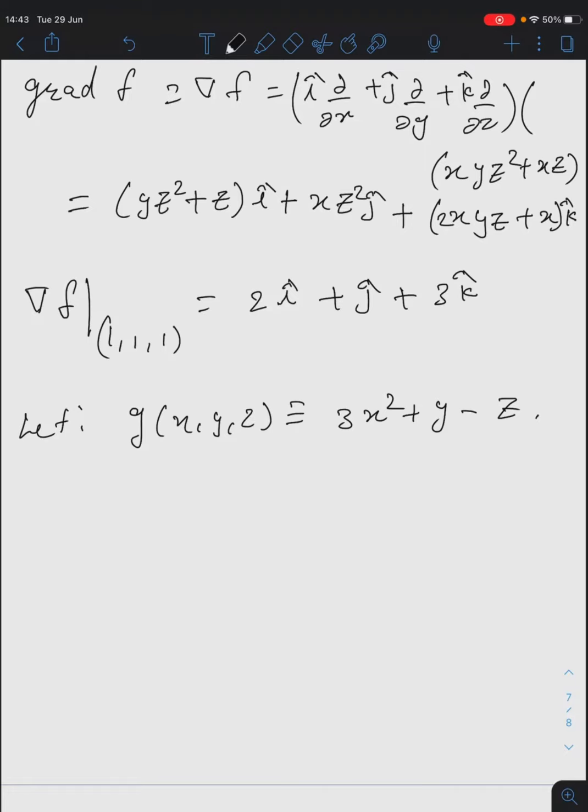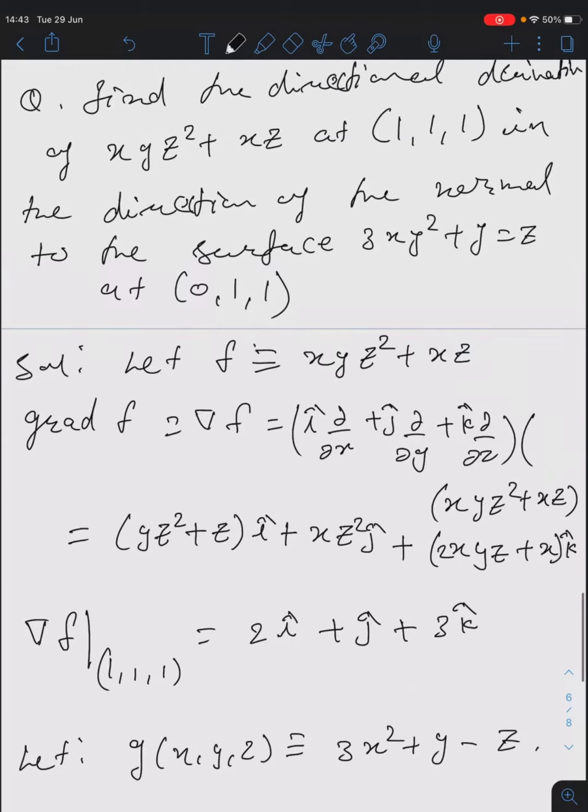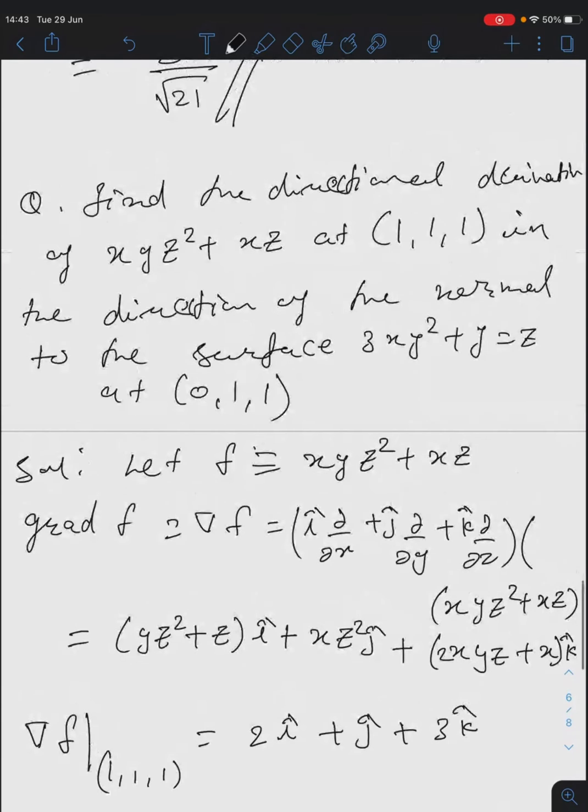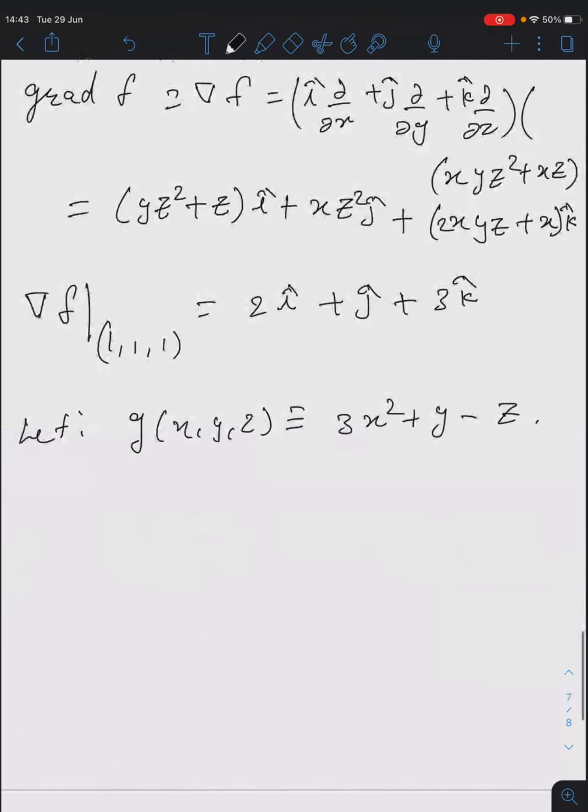Now let us find the unit normal vector to this surface at the point 0, 1, 1. We need to find the unit vector because the direction is given as the direction of the normal to this surface.